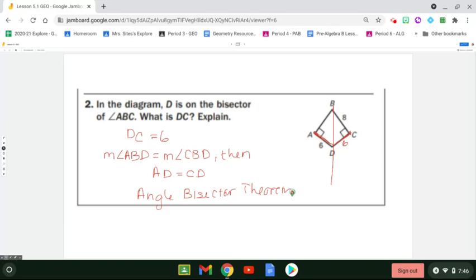Because the angles down at the bottom are equal, then we can say that those lengths are congruent as well. All right, one more question, and then we're done with today's lesson.